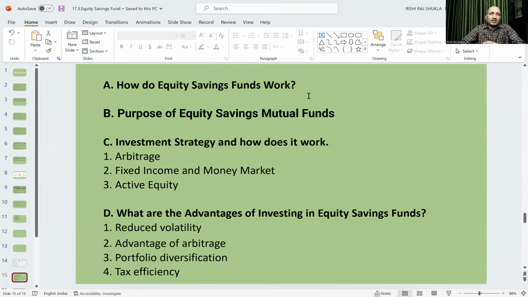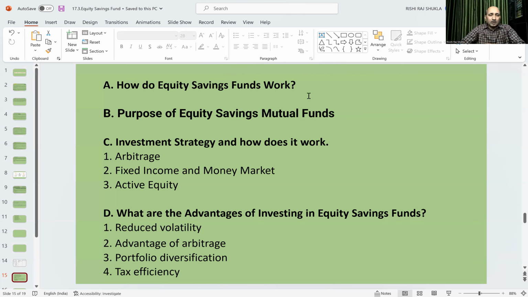Now, what is the strategy adopted by this scheme? They invest 35 to 55% in arbitrage and can expect to generate more than 6% of return. It depends upon available opportunities between equity and derivatives, among different types of derivatives, and of course get wonderful return.